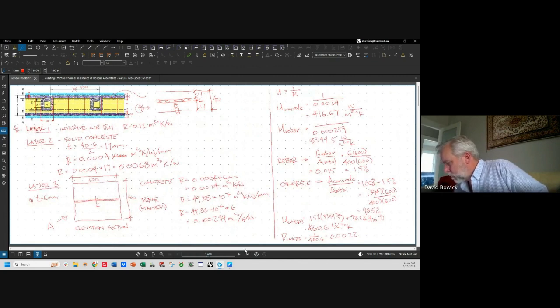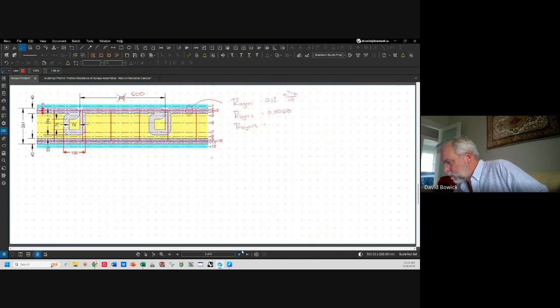Layer 3 is 0.0022. Layer 4, remember we just talked about how layer 4 and layer 2 are identical. The difference is a rounding error.